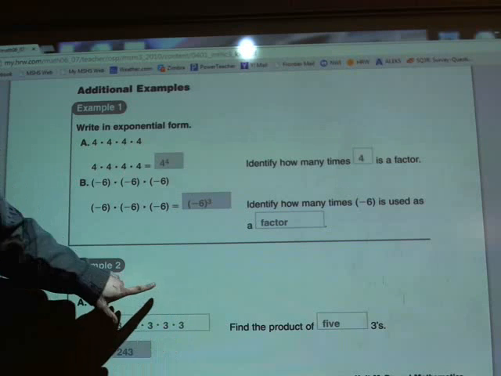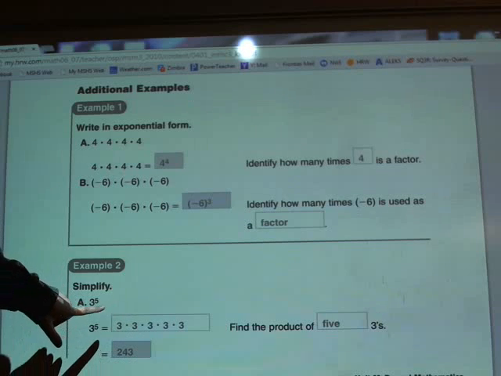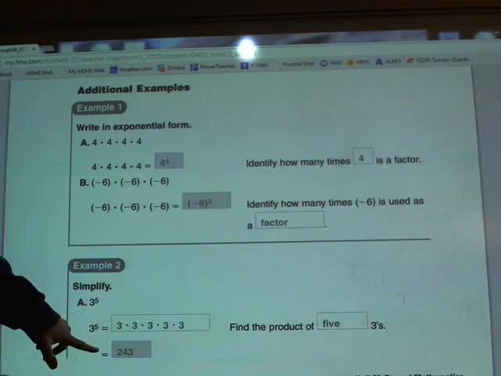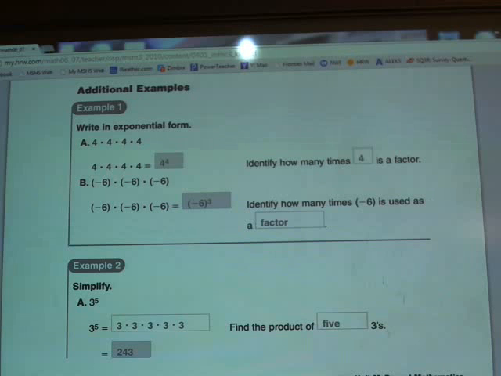The time this would be fully simplified is if these were variables. If it was x to the 5th, you could write x times x times x times x times x, but that's it. There's nothing else you could do with it. But in this case, since it's numbers, we can multiply those 3's together and get 243.